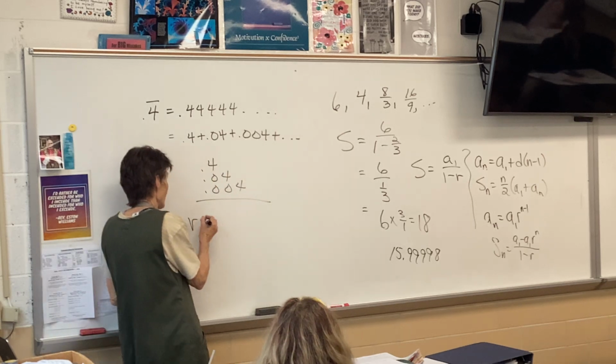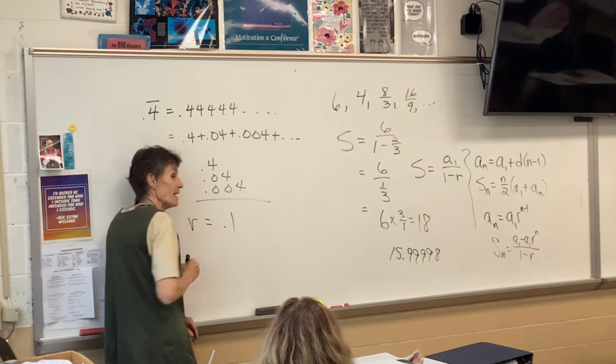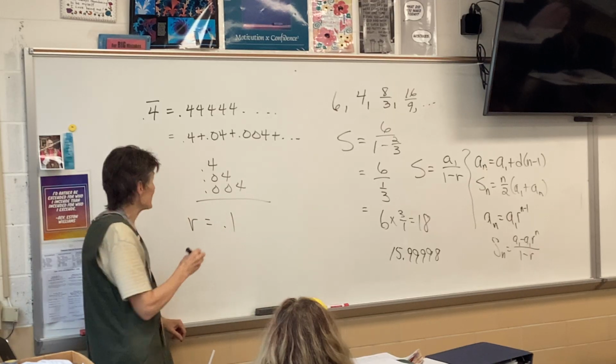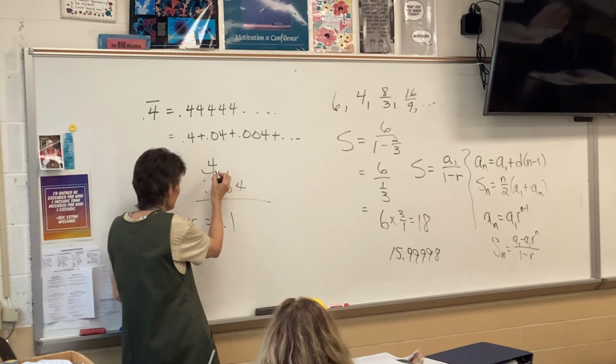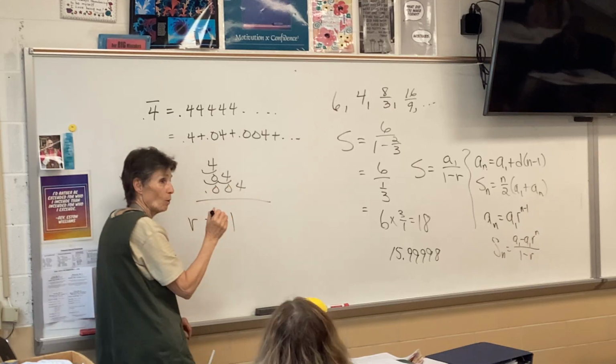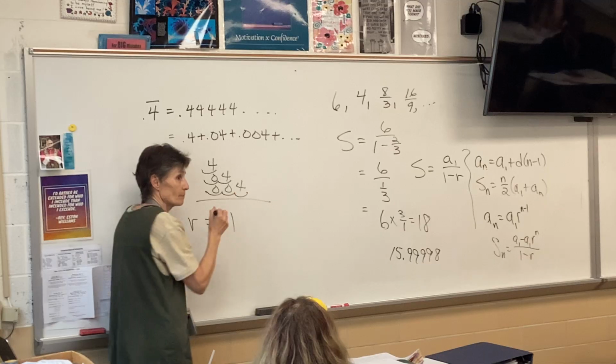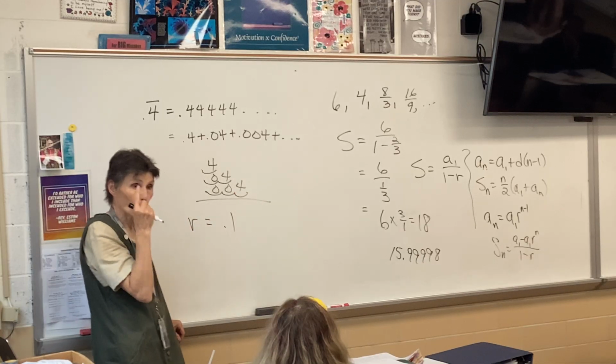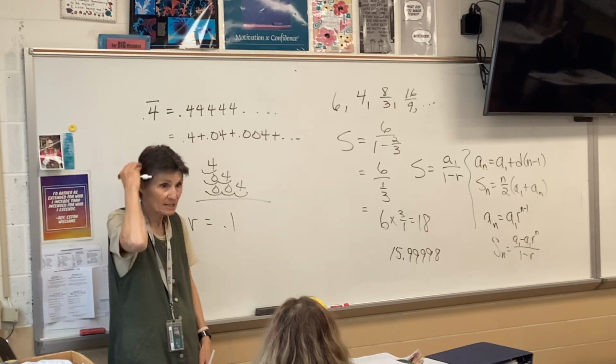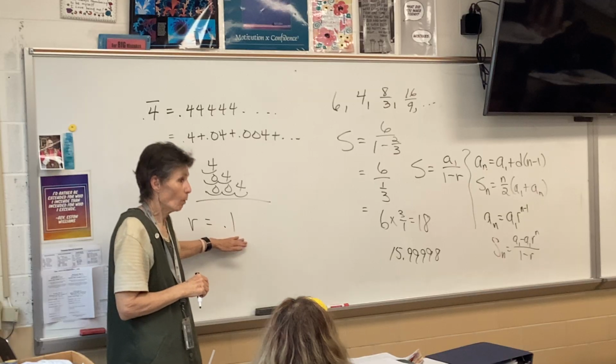The ratio is 1/10. Because every time I move the decimal point one more place, and one place in decimal land is 0.1.